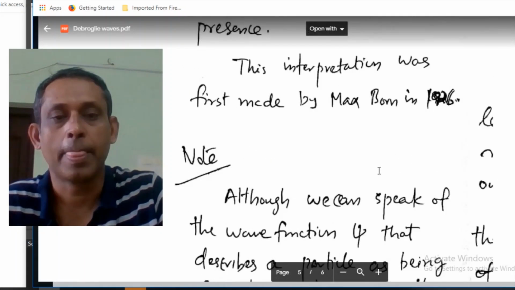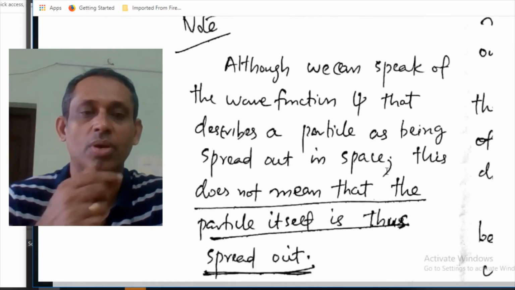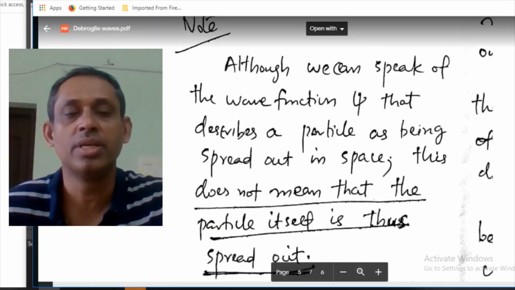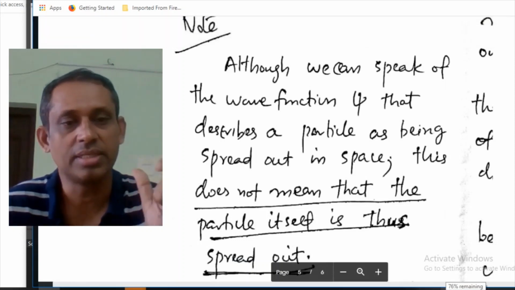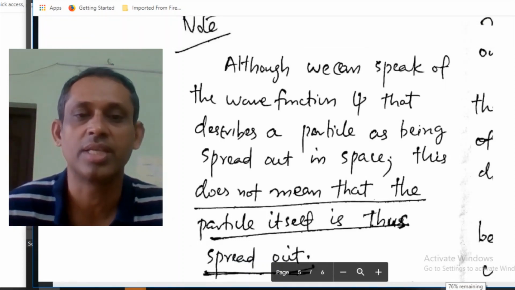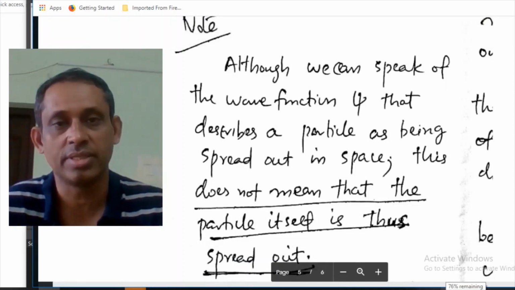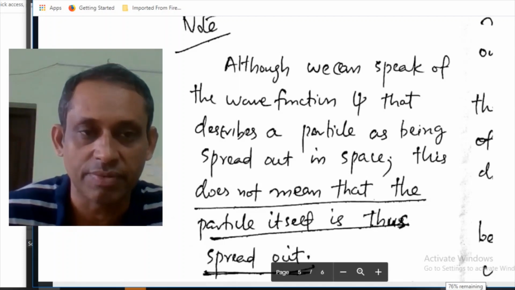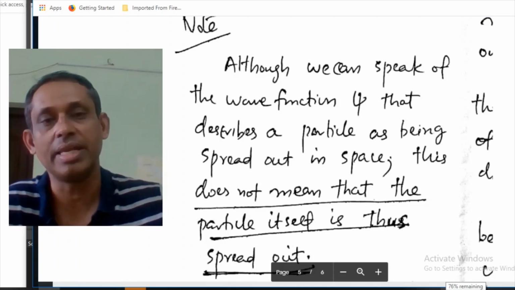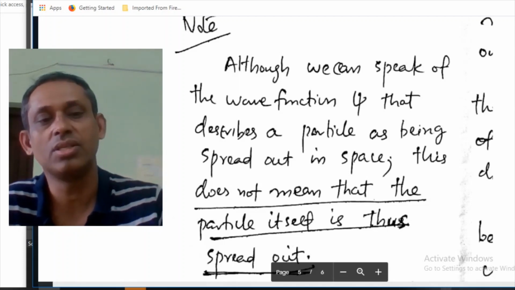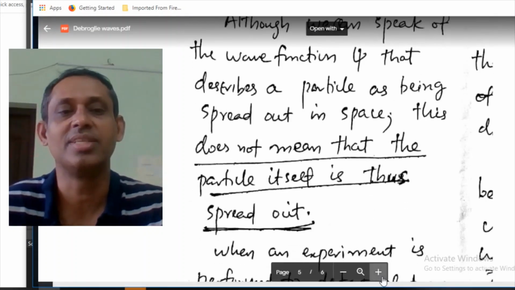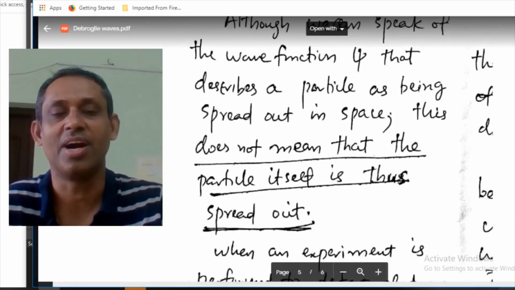Now another important point is, although we can speak of the wave function psi that describes a particle as being spread out in space, the wave function that is actually varying in space, this does not mean that the particle itself is thus spread out.